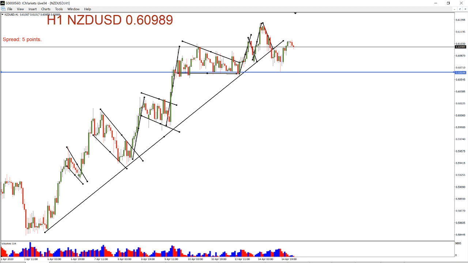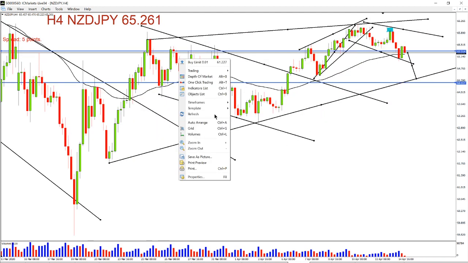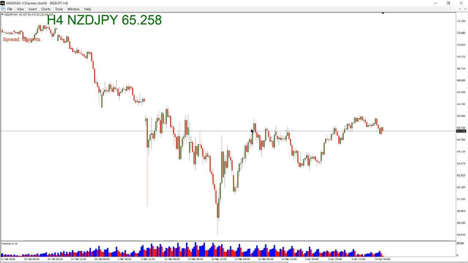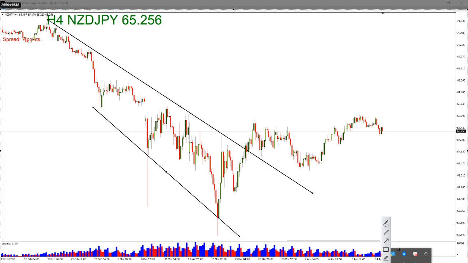Where is Kiwi Yen? Let's talk about the latest example. Okay, here we go. We had a trend line coming down. The market was in a bearish trend. Very good. All of a sudden, something happened on the H4 chart.